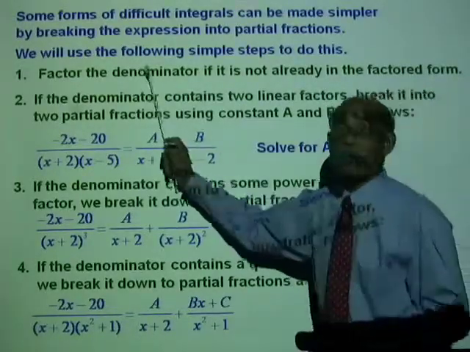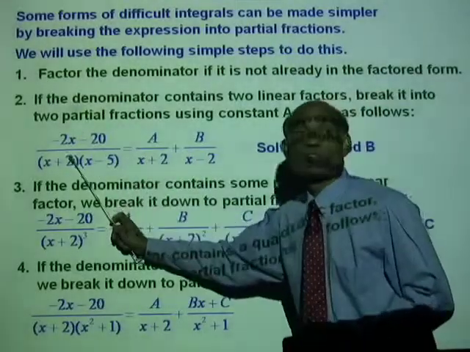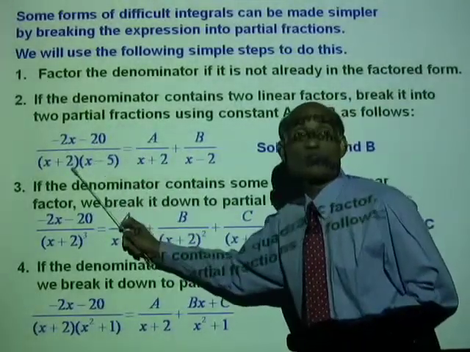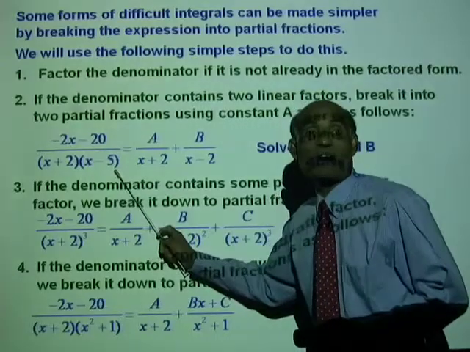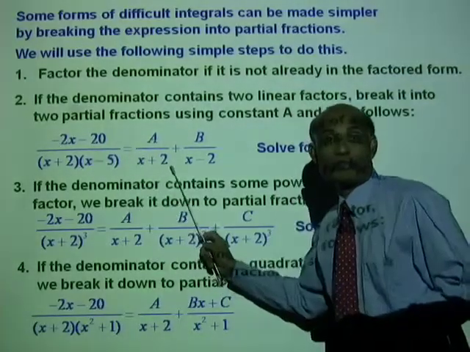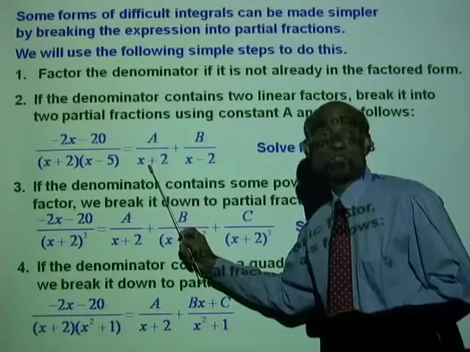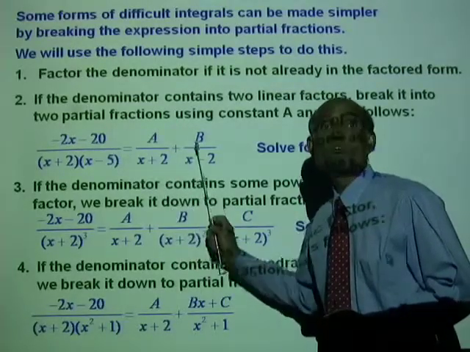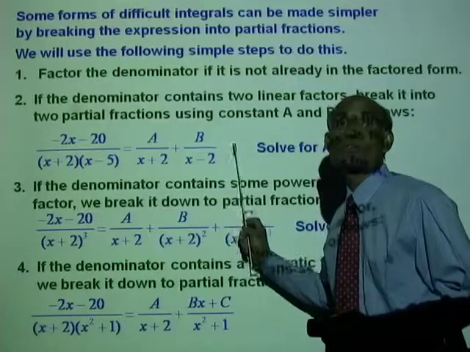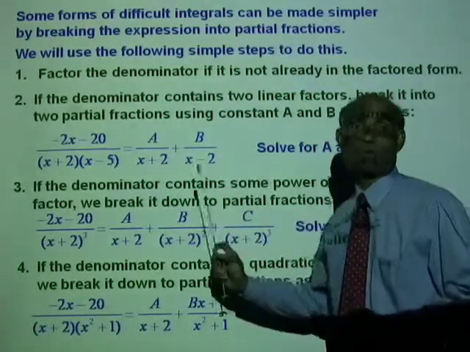So, basically, if the denominator contains the product of linear factors, you have the right side as a over the first factor, plus b over the second factor, plus c over the third factor, and so on.